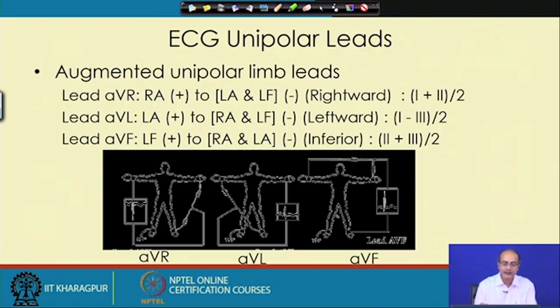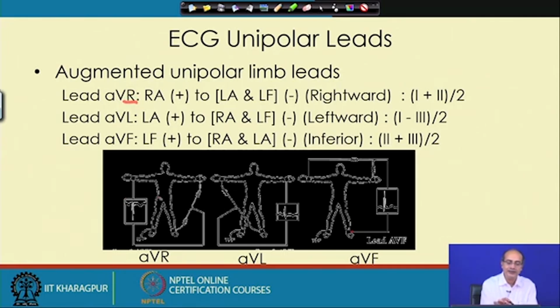And for the third case, AVF, the left foot is the point from where we are taking the connection, and the midpoint potential of the two arms serves as a reference. So, let us look at how the nomenclature is done. AVR stands for the connection where the unipolar lead is connected to the right arm, so R is taken.